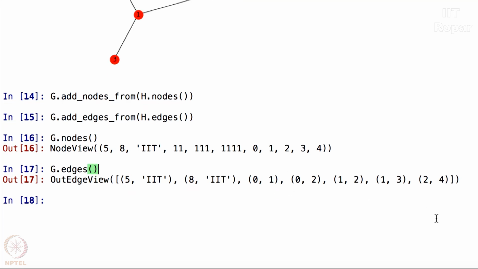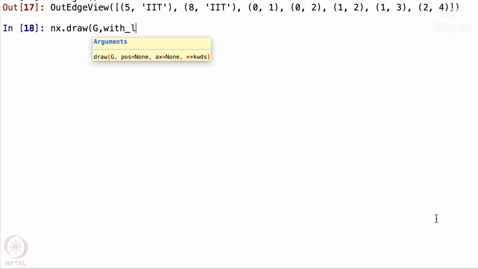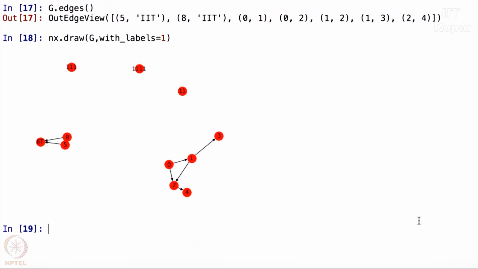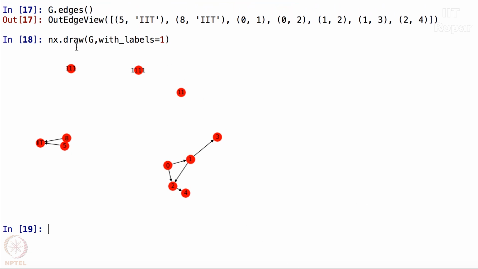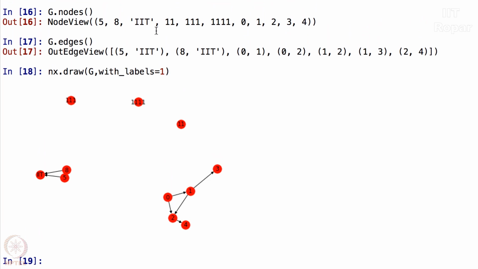Do you observe it? Now let us draw G and check. NX.draw G, it's always good to see it with labels, so with labels as true. Let us see how the graph looks. Do you see the graph here? You see some isolated vertices. These were already there in G, the nodes which were earlier present.